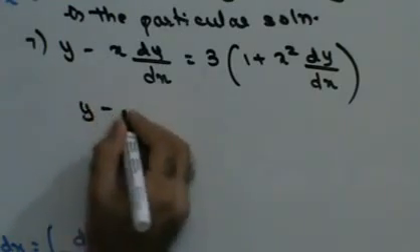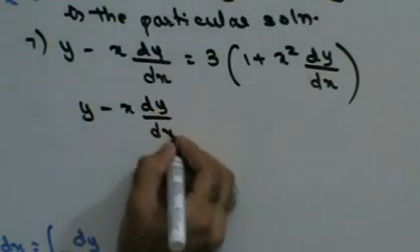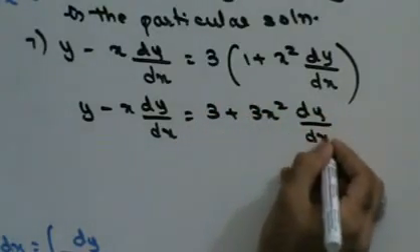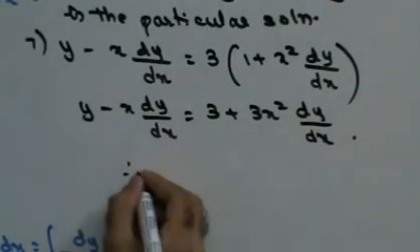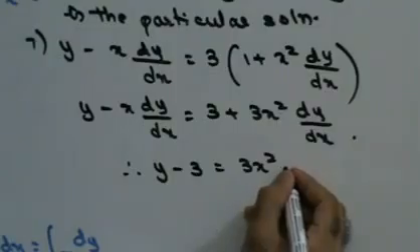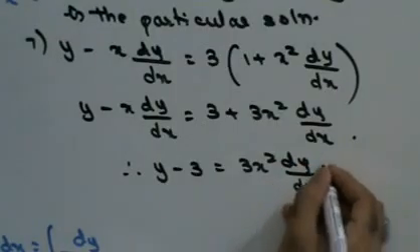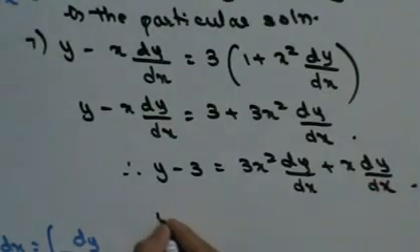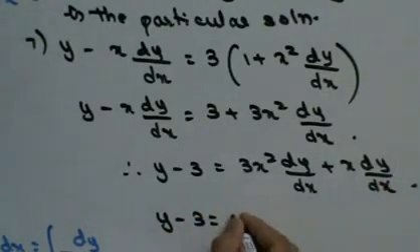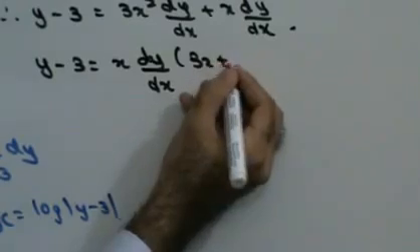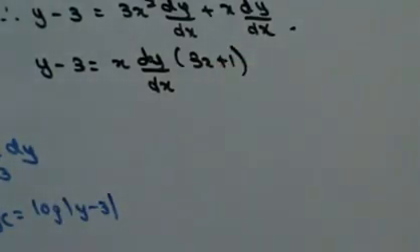I can say y minus x dy by dx is 3 plus 3x square dy by dx. Therefore I can say that y minus 3 is 3x square dy by dx plus x dy by dx. Therefore you can say y minus 3 is x dy by dx common, so in that case you will get (3x plus 1), right?